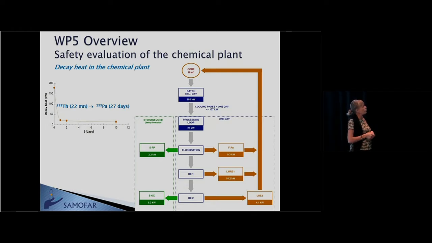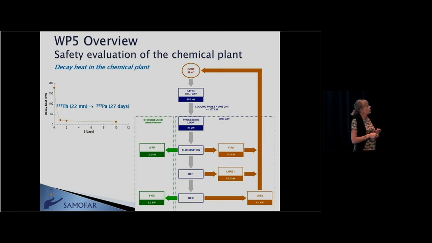After the batch, we have 40 liters of the salt, and the calculations give a decay heat of 180 kilowatts, which is a very high value. The first question was how that varies with time. We show here that we have a strong decrease after only 1 day, from 180 kilowatts to 23 kilowatts.